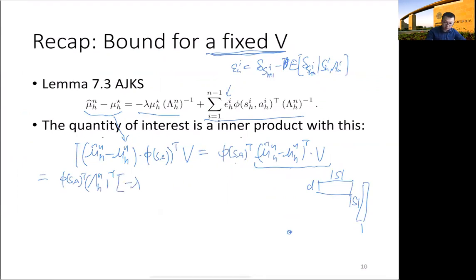Both have this lambda inverse, so I'm extracting it out. Also, because this is a symmetric matrix, when I take the transpose it becomes itself, so the transpose doesn't matter. And this one will have the mu h star. I'm doing nothing fancy, but rather substituting this into the expression of interest below.